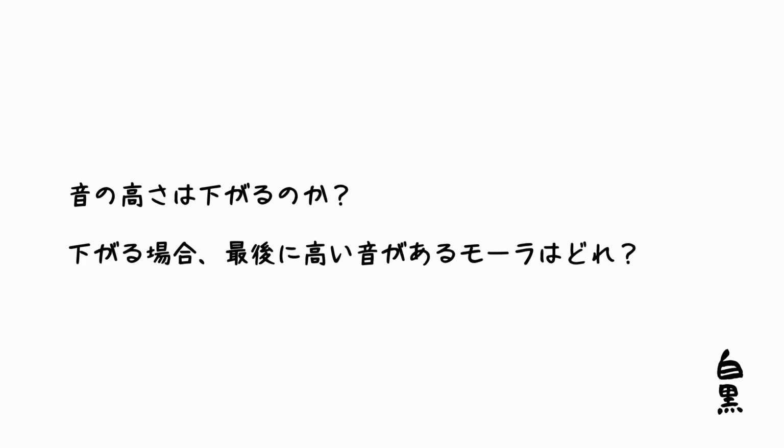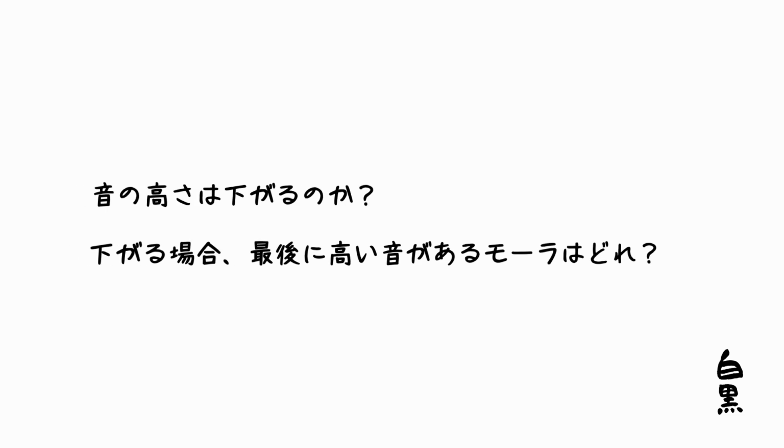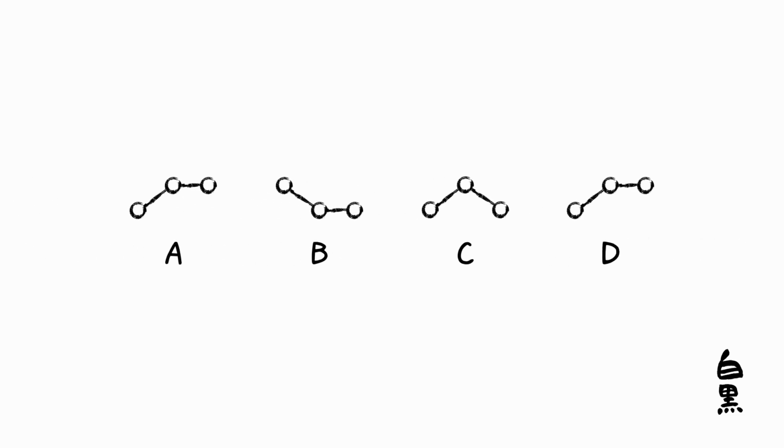If yes, which mora is the last one to have a high pitch? The answers to these questions correspond exactly to the circled or squared numbers you've probably seen in most textbooks and dictionaries. Those numbers mark the pitch accent of the word. By answering these questions, we can figure out all the 4 pitch accent patterns.